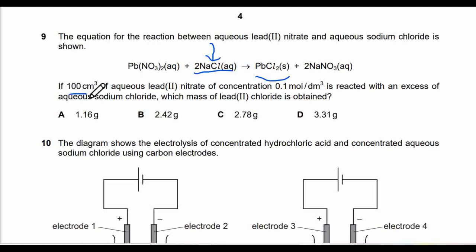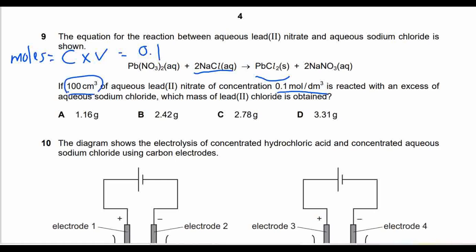It's given, 100 cm³ is the volume and this is the concentration. So we count the moles. According to the formula, moles is concentration times volume. So the concentration is 0.1 mol per dm³ and the volume is 100 cm³.